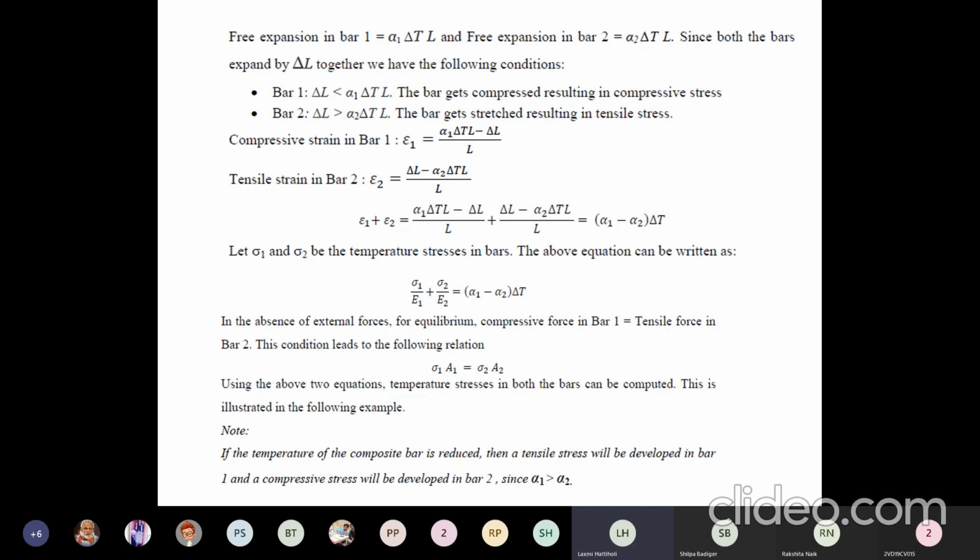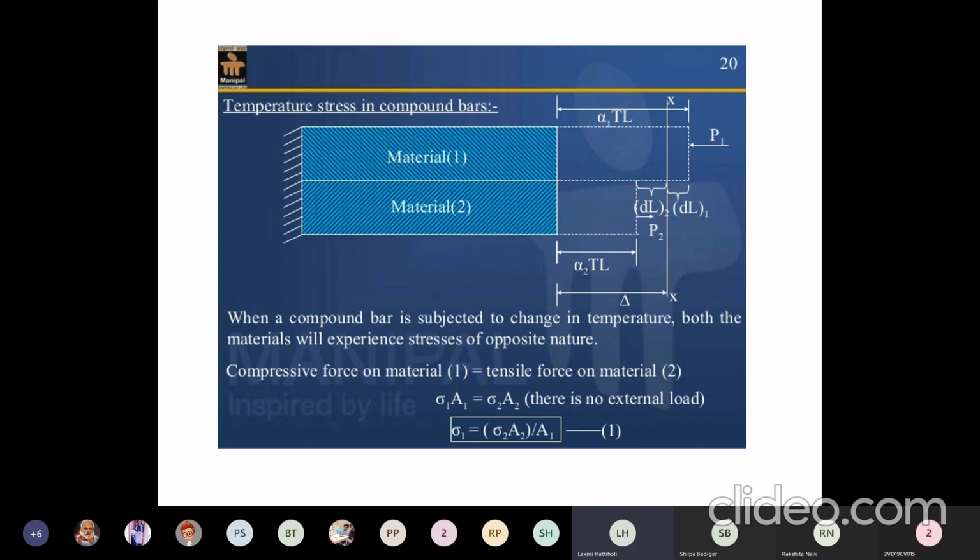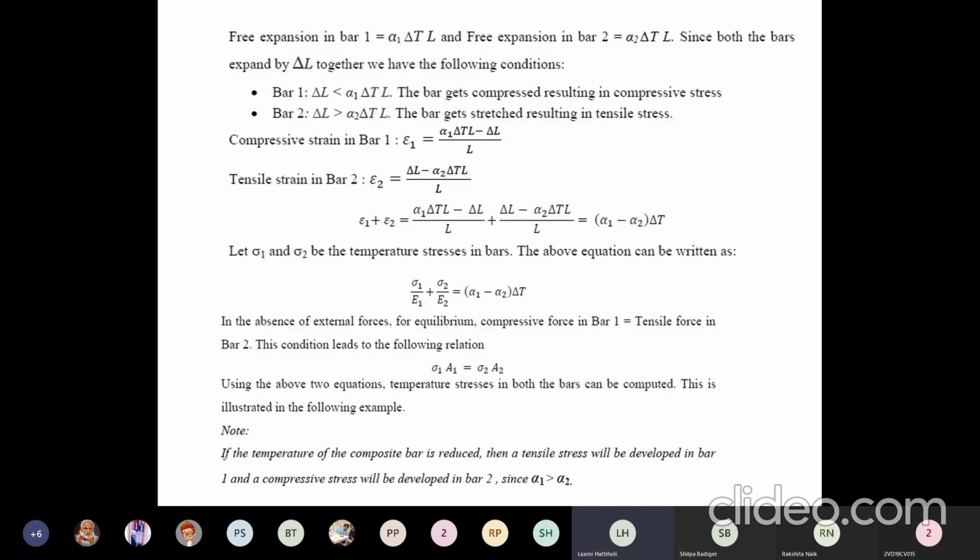Epsilon 1 is equal to change in length divided by original length. What is the change in length in bar 1? Observe the figure carefully. Alpha 1 T L minus DL1. Is my answer correct? Yes. So I have used it here: alpha 1 T L minus DL1, whole divided by L, because strain is change in length divided by original length.